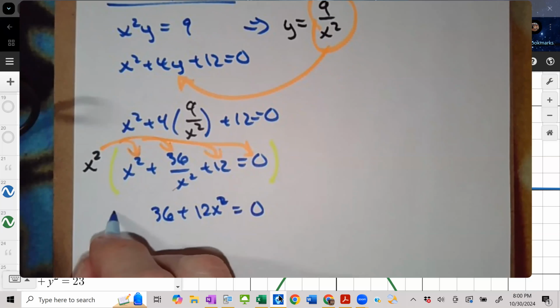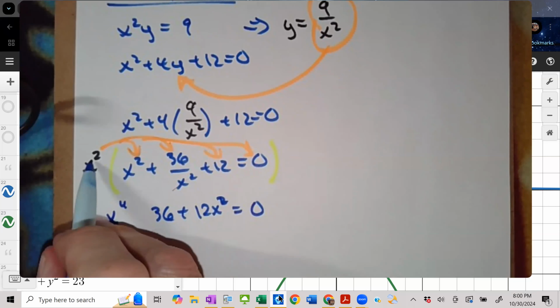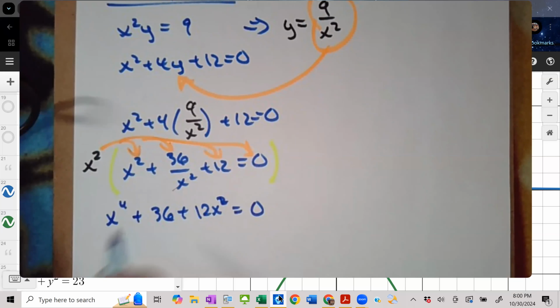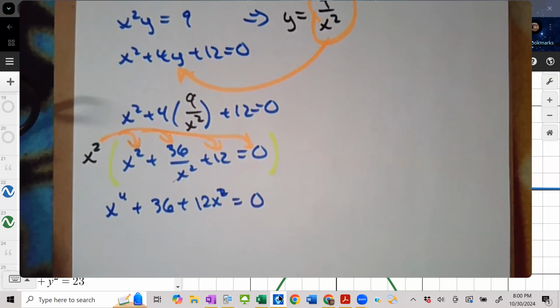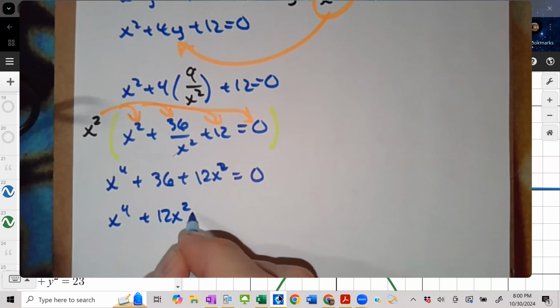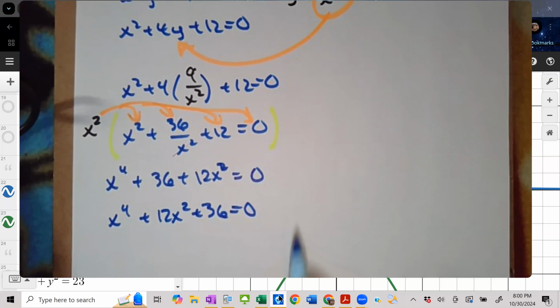You get the same thing either way, but I hope you realize that when you multiply things with the same base, you add their exponents. That's looking a little bit better. Let me rearrange that as x to the fourth plus 12x squared plus 36 equals 0.